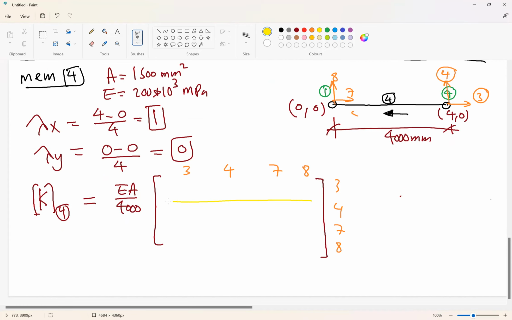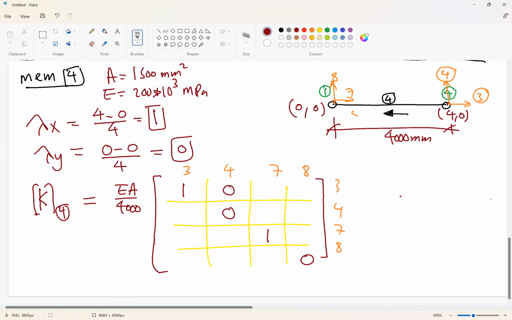Here we have lambda x is 1, lambda y 0, lambda x 1, lambda y 0.